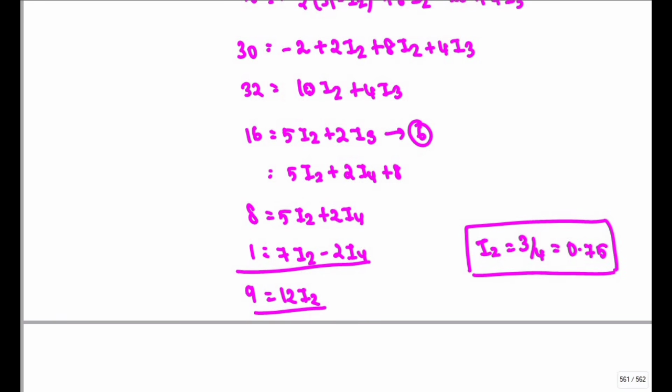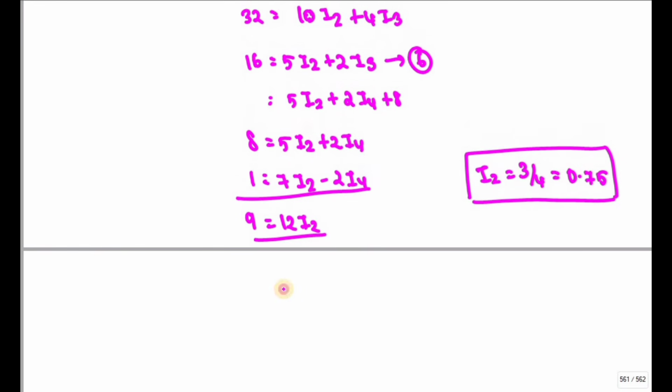From I2, I can find the value of I4. So 1 is equal to 7 into 0.75 minus 2 I4. So 2 I4 is equal to 7 into 0.75 minus 1.